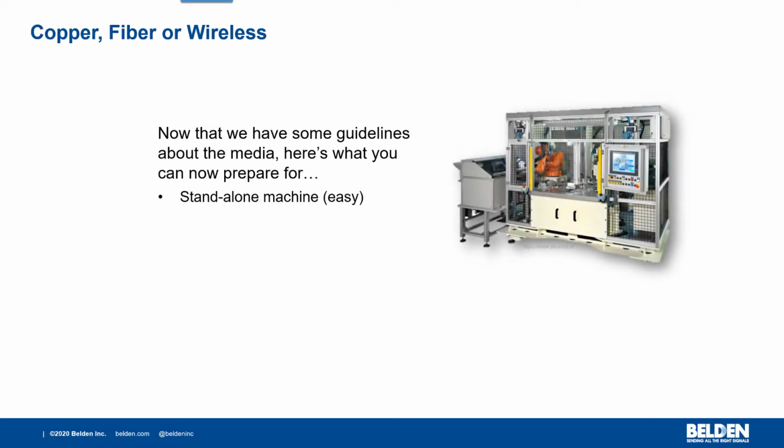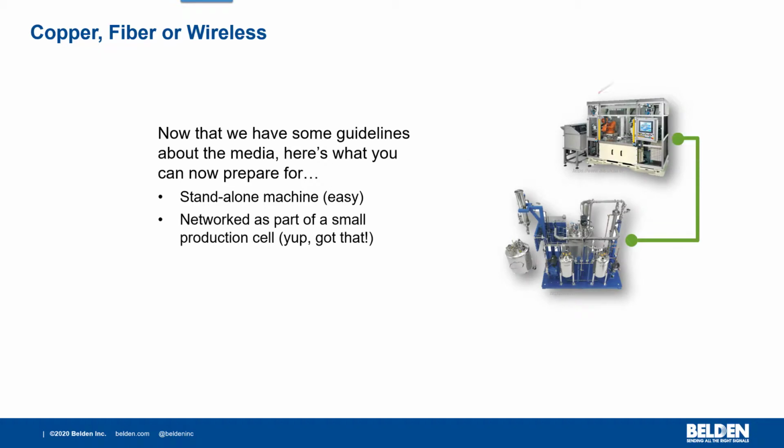So now that we have some guidelines about the media, here's what you can now prepare for. As far as a standalone machine, this is something you should easily be able to deploy. An application that is networked as part of a small production cell, that too is something that you should be able to do.